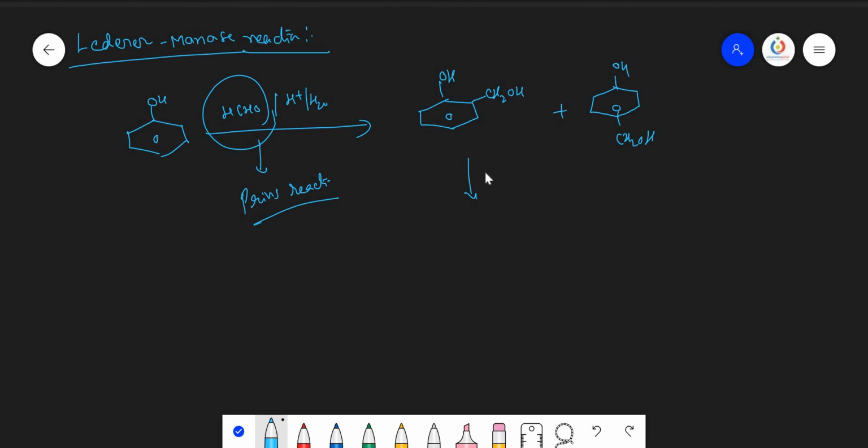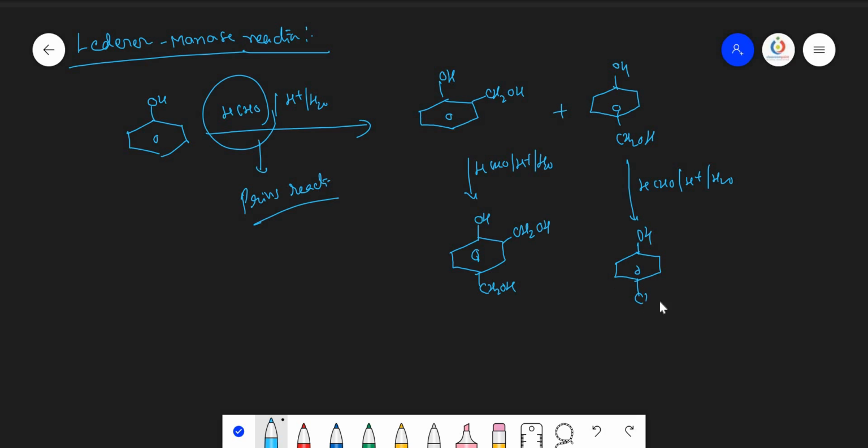When it is reacted again with formaldehyde, H plus, H2O, and this is also subjected to formaldehyde, H plus, H2O, in this case again you will get the CH2OH group here, and in this case you will get the CH2OH group there. OH, CH2OH, CH2OH.